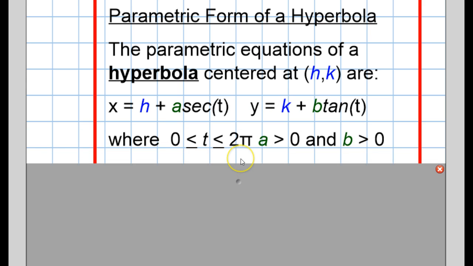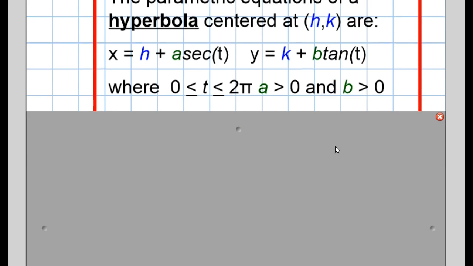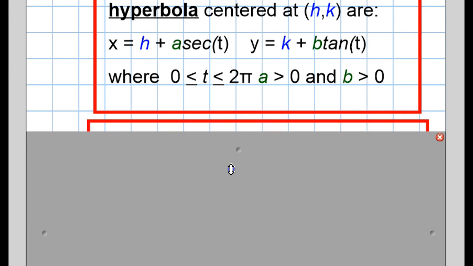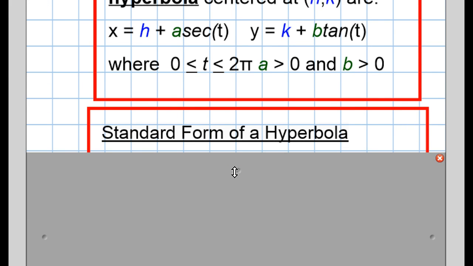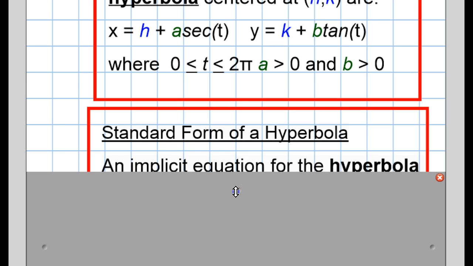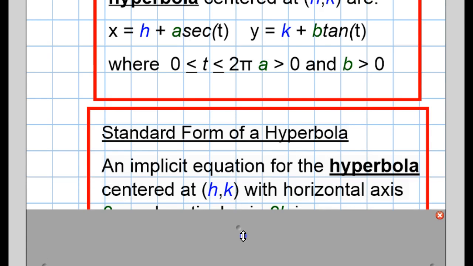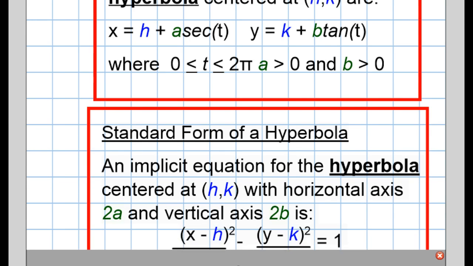And we still have the same conditions that t is between 0 and 2 pi, and a and b are positive numbers, and that makes life a lot easier for us. So to get to the standard form, i.e. the implicit form, we have what we already proved a little bit earlier. We have x minus h quantity squared over a squared minus y minus k quantity squared over b squared is equal to 1, and that's in the case that we have a hyperbola.